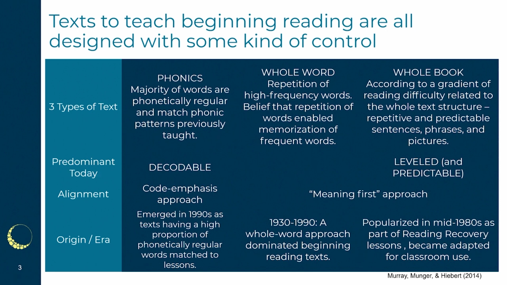In the 90s, the term decodable text finally began to reference those having a really high proportion of phonetically regular words matched to what you had just taught in your phonics lessons.